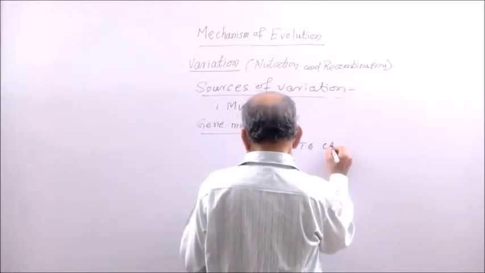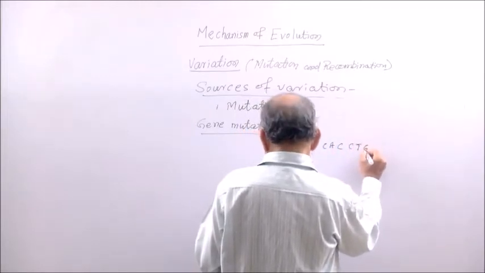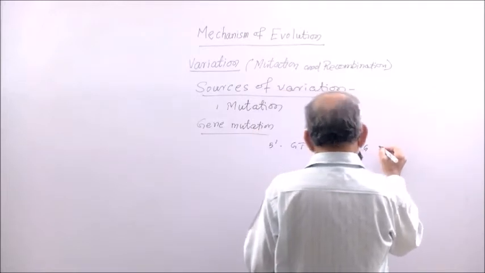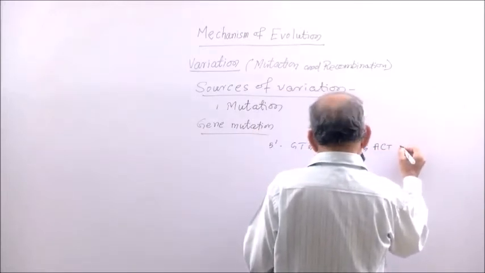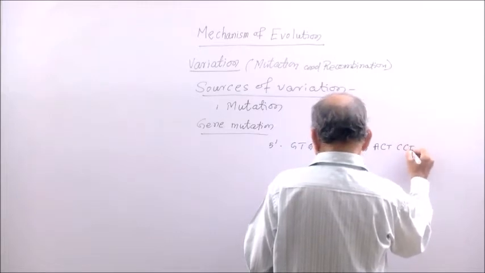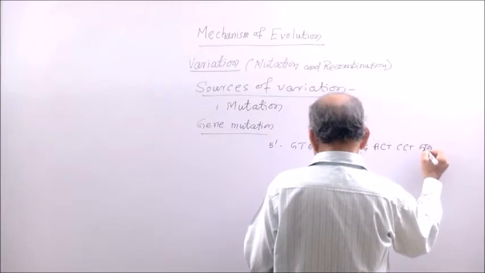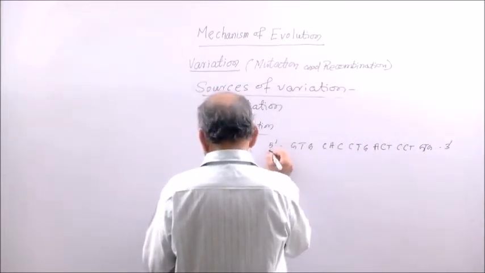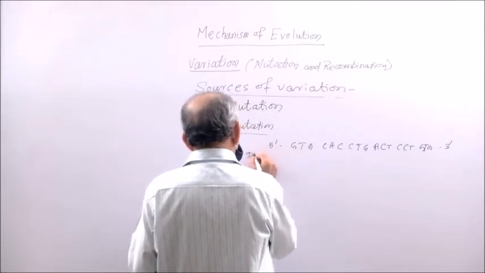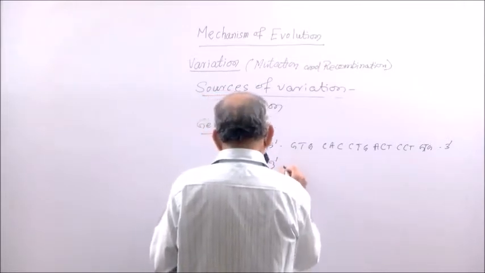GTG, CAC, CTG, ACT, CCT, GTG. This is the 3' end, this is the 5' end of the DNA, then 3' end.